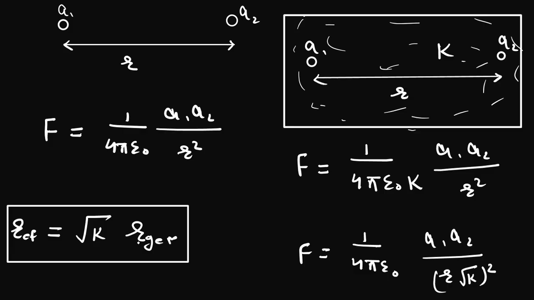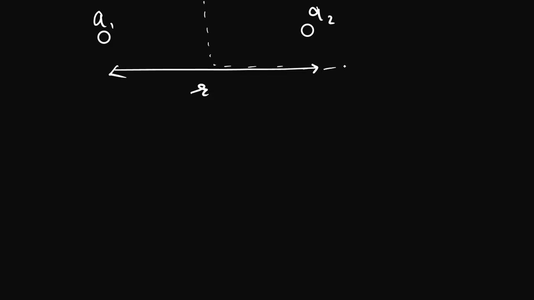Effective distance between two charges is equal to root under dielectric constant multiplied by geometrical distance between them. Now the question is asking, if we have two charges, again the same q1 and q2, the distance between them is r, but only a small part is filled with some dielectric material whose dielectric constant is k, and the total distance is r, and the part where the dielectric material is filled is t.